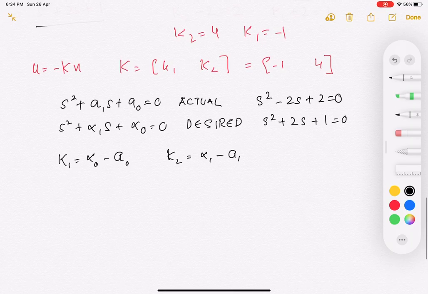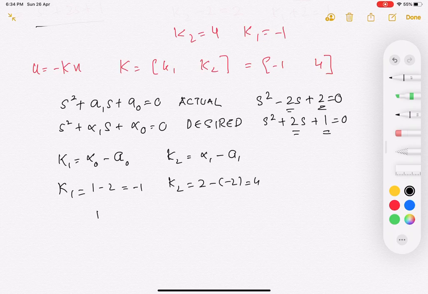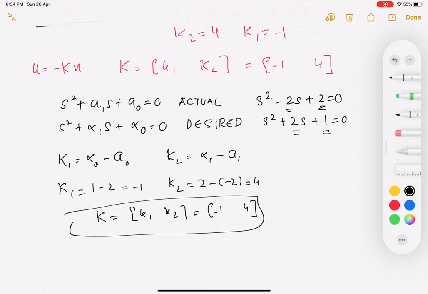You can see that your k1 is alpha 0 minus a0, so 1 minus 2, that is minus 1, and your k2 is 2 minus minus 2, equal to 4. So your K is [k1 k2], which is [minus 1, 4]. So we get the same result here and here, right?